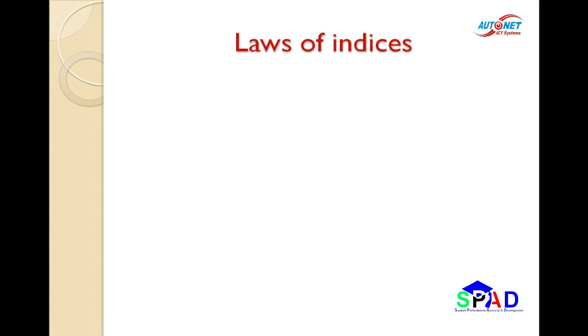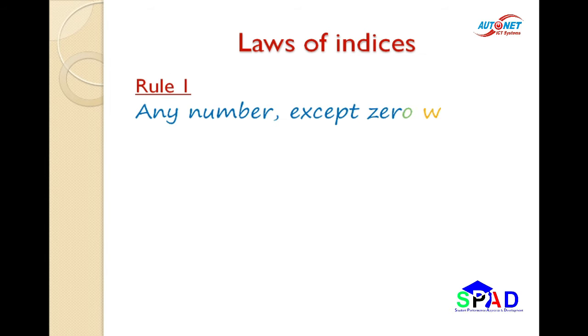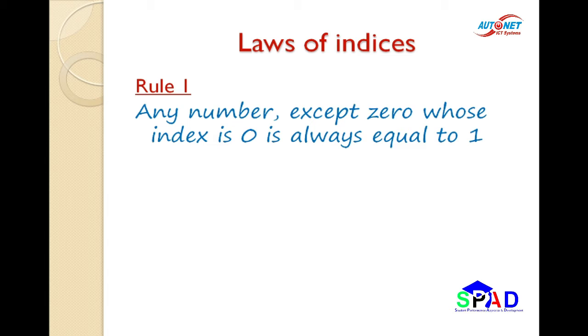Now let's look at the laws or the rules used in solving indices. Rule number one: any number except 0 whose index is 0 is always equal to 1. So what I mean is this: when I say 10 to the power 0, that means that is 1. I can give a real example.